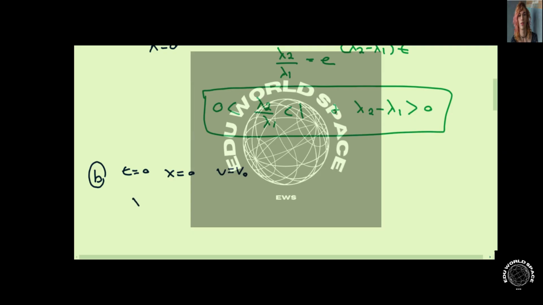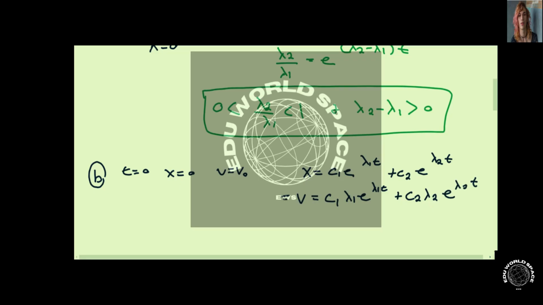So we get x equals c1 e^(lambda 1 t) plus c2 e^(lambda 2 t). And then we have velocity equals c1 lambda 1 e^(lambda 1 t) plus c2 lambda 2 e^(lambda 2 t). And just remember, this is going to be your derivative, okay?